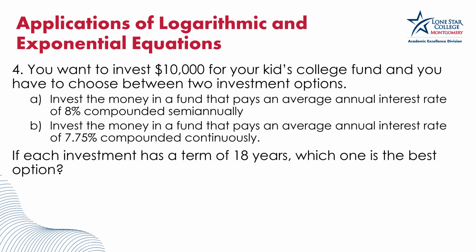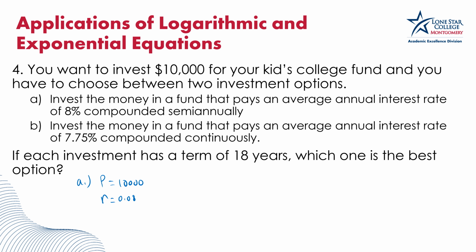So first, let's write down all the information we have. For option A, we're initially putting in $10,000, so that's our principal. We have an annual interest rate of 8%, so that's our r, and 8% is 0.08.